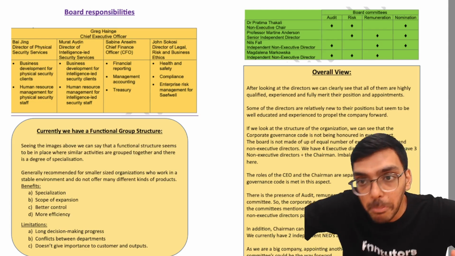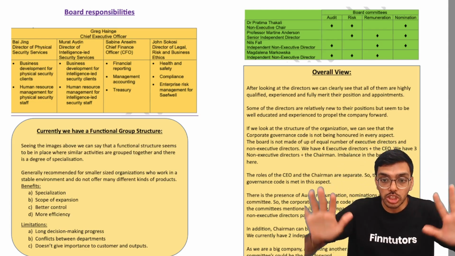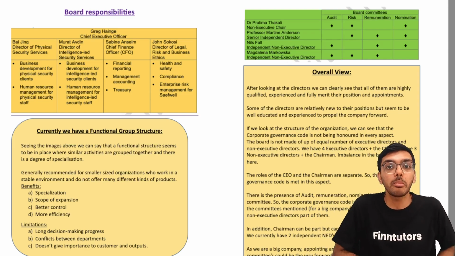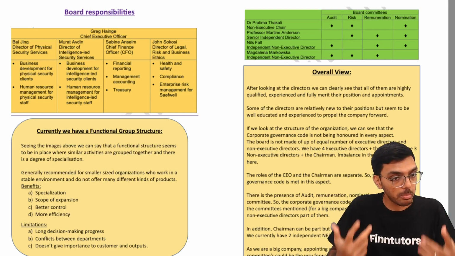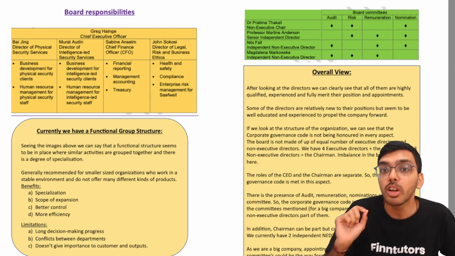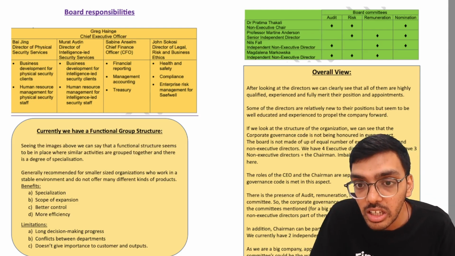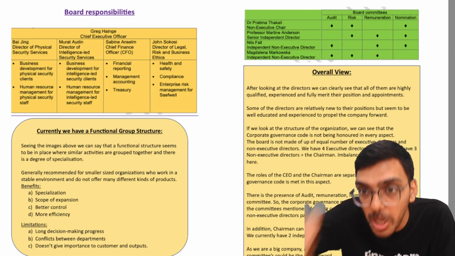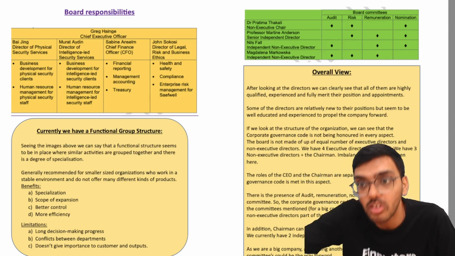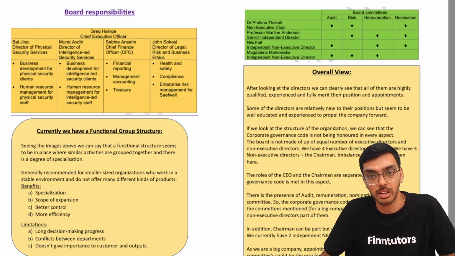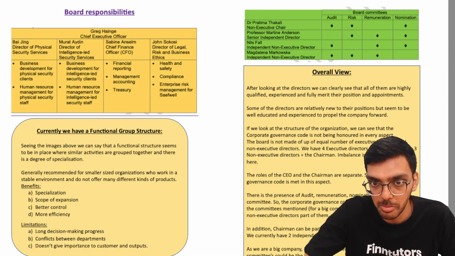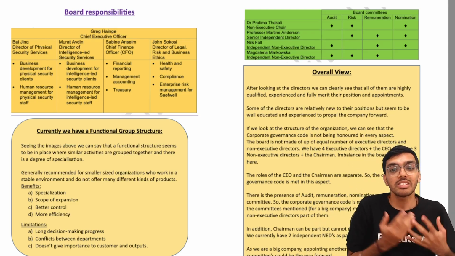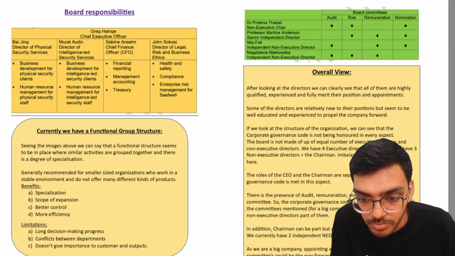The chairman can be part of that committee, but he cannot chair that committee. So he cannot be the leader of that committee. So from the corporate governance perspective, again, if 1 non-executive director is added and that independent non-executive director becomes part of the audit committee, risk committee, nominations committee, because that's where the chairman is also on the committee, right? Then I would say that the committees are well staffed.